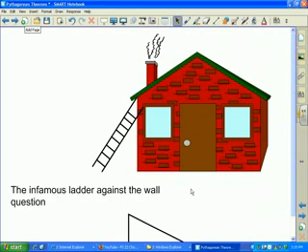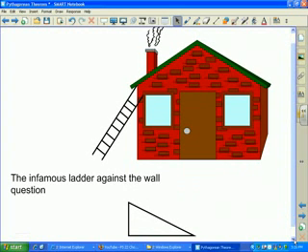Okay, so here is, I would say, the most common question on the standardized test: the one with the ladder against the wall. If you have the side of a house and you put a ladder against it, they often ask you, if the distance from the top of the ladder to the ground is so far, that's the diagonal.